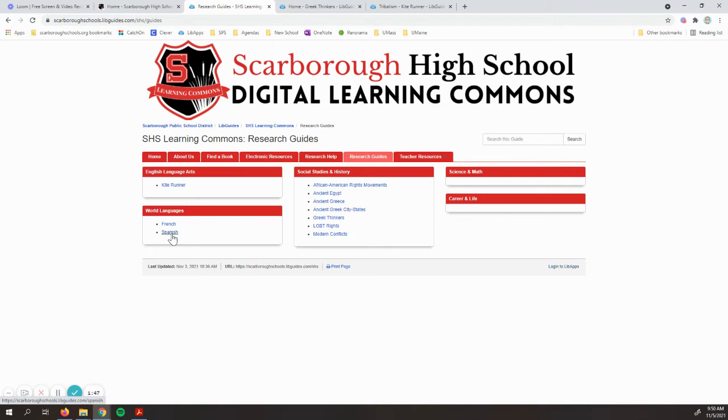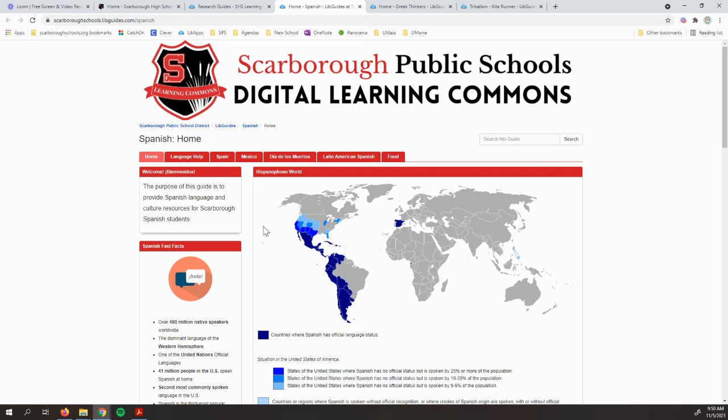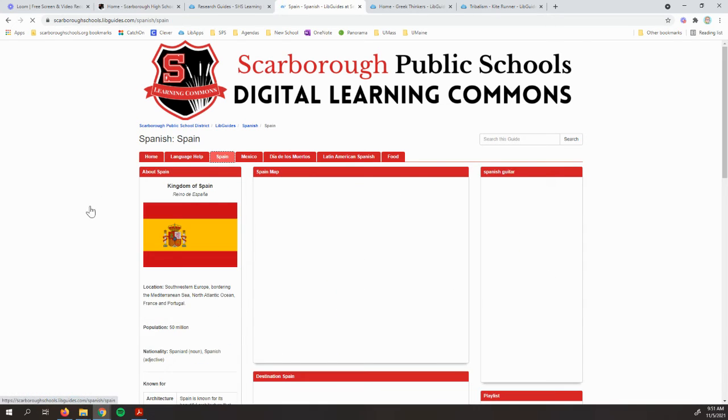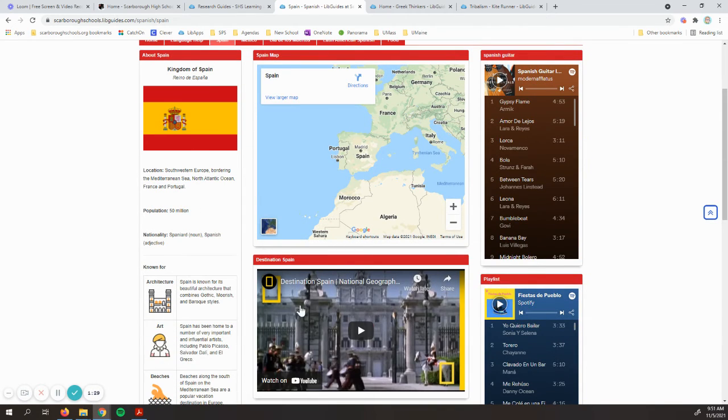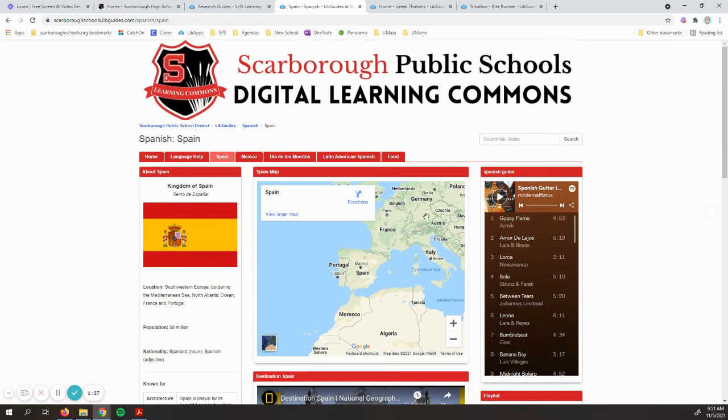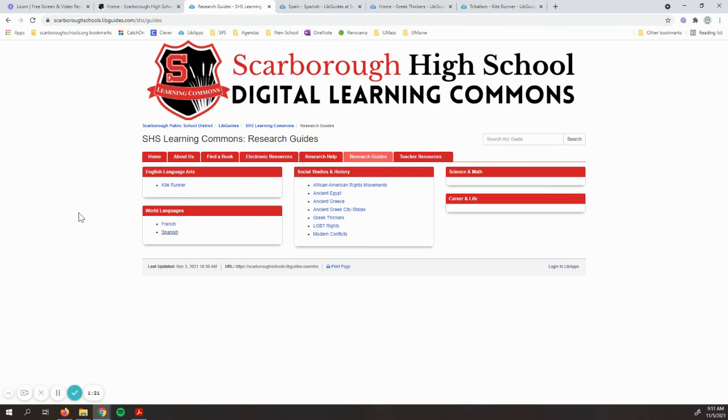And another example here, at a previous institution, I created this guide for Spanish. This is a course-wide guide with some resources related to the language itself, as well as the cultural topics that they studied in that class. So some facts, a video, some Spanish music, this map here in the center. These are just some examples of what these could look like.